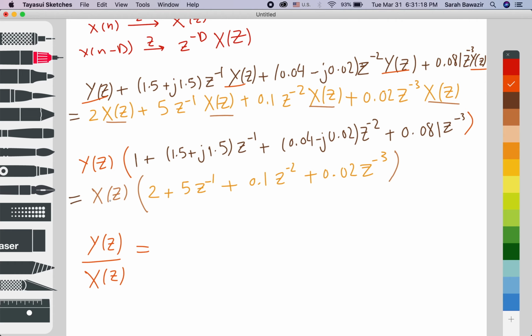We divide both sides by X(z), and we divide both sides by the expression that is next to Y(z). So at the end, when you divide this side by X(z), you lose X(z) from here, and you get Y(z) divided by X(z), and then you take this whole term and you divide both sides by it. So at the end, you get this.